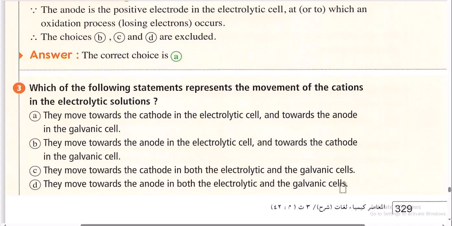Cations go to the cathode in both cases, galvanic cell and electrolytic cell. You have to memorize it. It is a very important point. Cations go to the cathode and anions go to the anode in both galvanic and electrolytic cells.